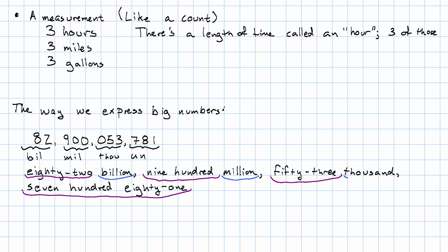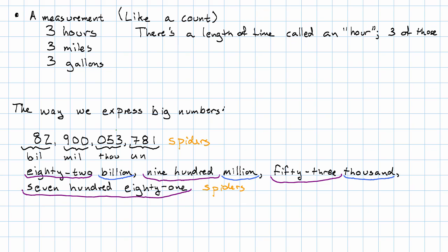We see 53 in the thousands group. 781, we don't say anything, that's the units group. Whatever we have 82,900,053,781 of, that's what word would come next. If we had that many spiders, we would say 781 spiders.